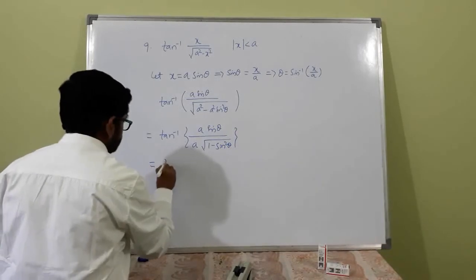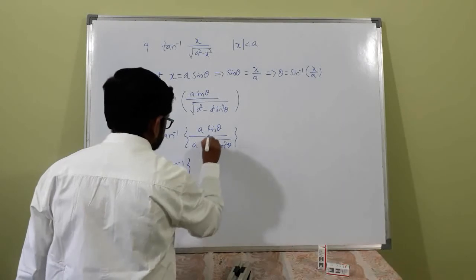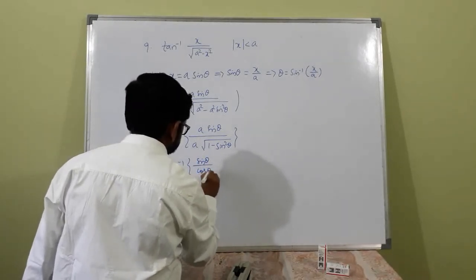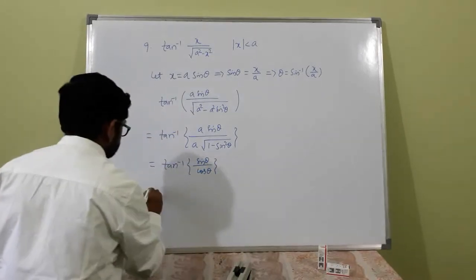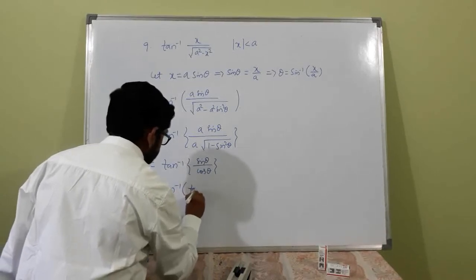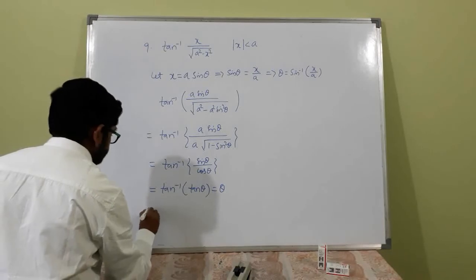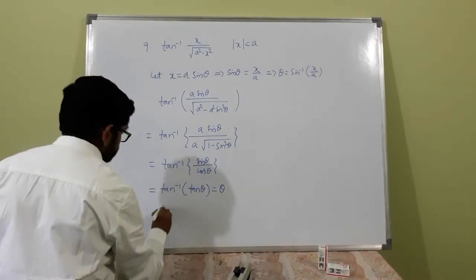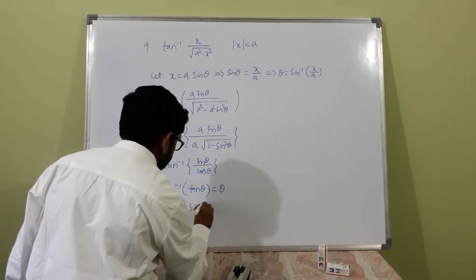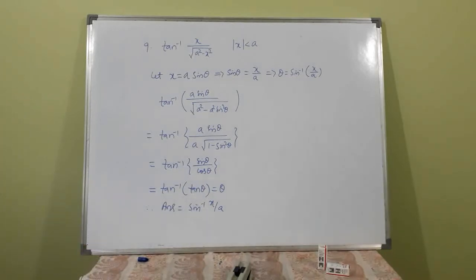That is tan inverse of, a gets cancelled, sin theta by cos theta, that is tan inverse tan theta, which is equal to theta. Therefore, the answer is sin inverse of x by a, because theta is sin inverse x by a.